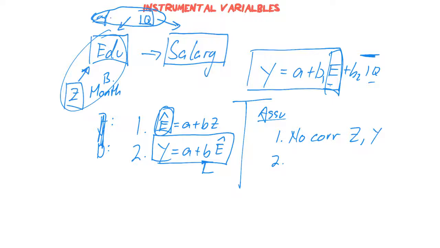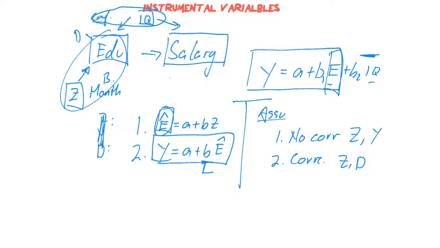The second assumption is that there should be a correlation between the instrument and the treatment you're trying to estimate. In this case it was education, but let's just call it the treatment in general, so Z and D for treatment. So here education will be D. So there should be a correlation between the instrument and the treatment, but there should be no direct correlation between the instrument and the outcome. There will be an indirect correlation, of course, but that goes through the treatment.